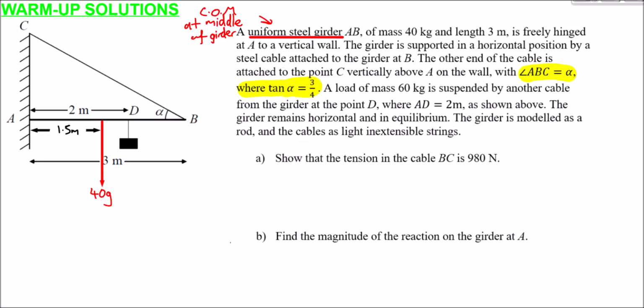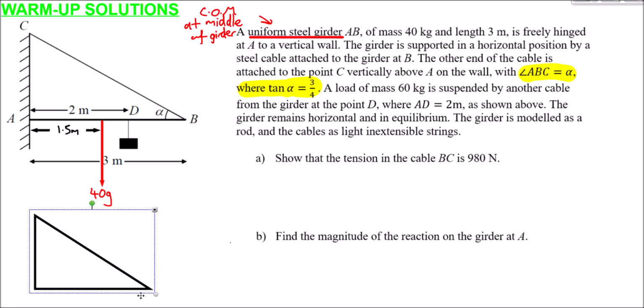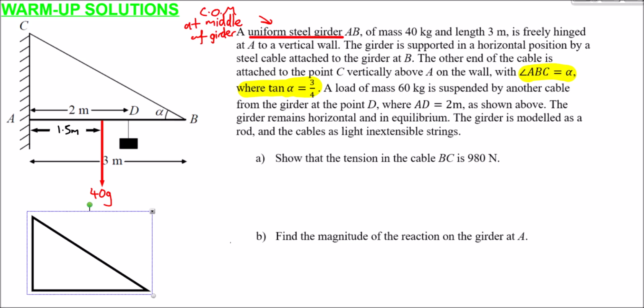So what I'm going to say we do here is to actually consider what sine and cosine alpha will be, and that's going to help us when we come to resolving into components. So of course that's alpha. Tan is defined as opposite divided by adjacent.